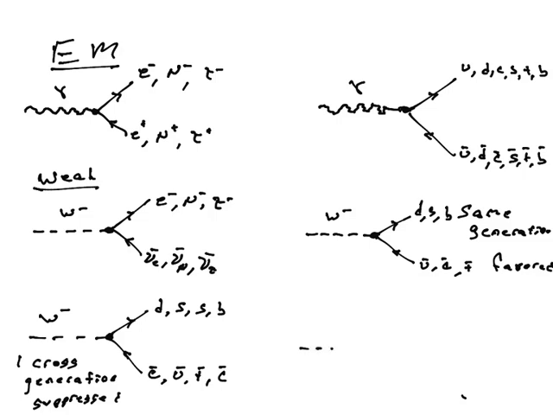And of course, we could do the doubly crossed. That would look something like this, W minus, production, normal, anti. So what can we have here? Well, we need to cross over two generations. So let's say we start with a down. We have to go all the way to third, which is top anti. Or we could start with a bottom, and that could go all the way to anti-up. But those are the only two, right? There's only two ways. If we start with a down, of course, you could also do the same with the ups.